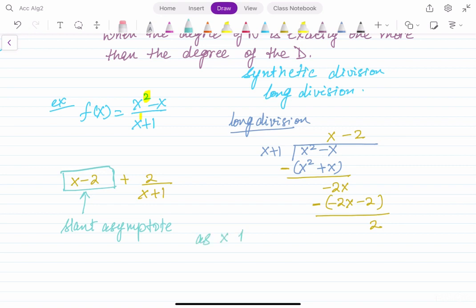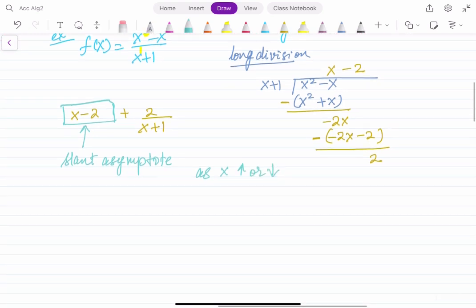So for the remainder, as x is increasing or decreasing without bound, the remainder, which is 2 divided by x plus 1, approaches 0.